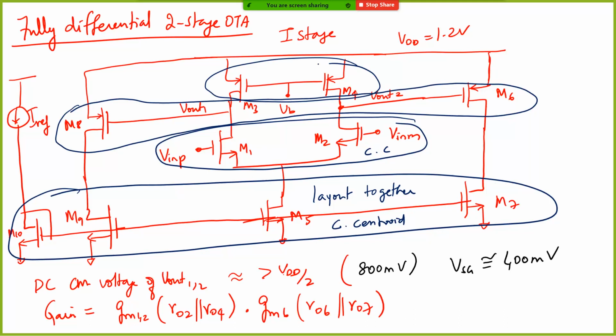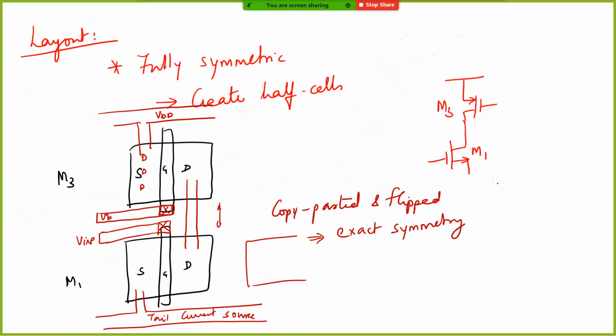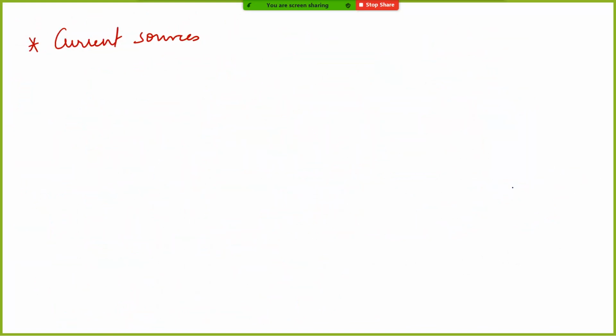So this is the way things are done together. So let me say current sources also common centroid: M10, M9, M5, M7, all laid out together.